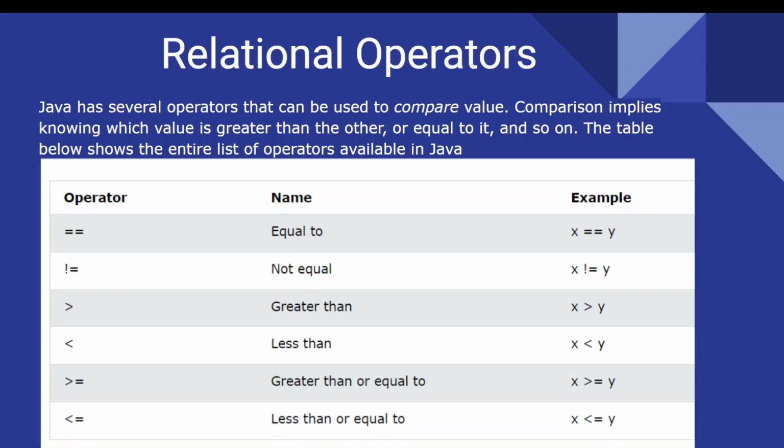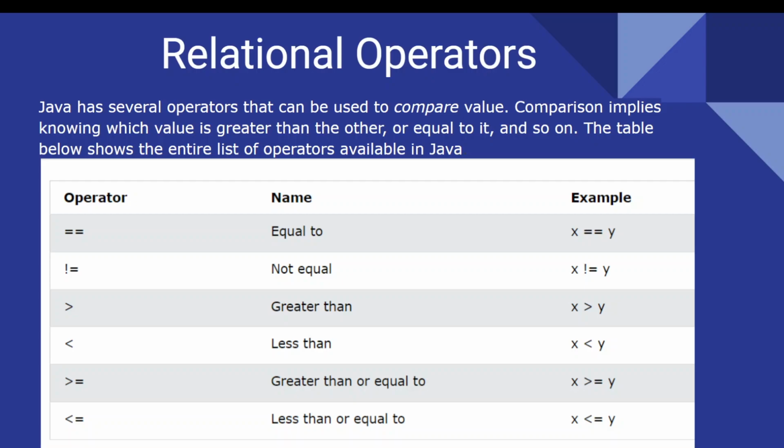Java relational operators are a bunch of binary operators that are used to check for relations between two operands, including equality, greater than, less than, etc. They return a Boolean result after the comparison, and are extensively used in looping statements as well as conditional if-else statements, and so on.